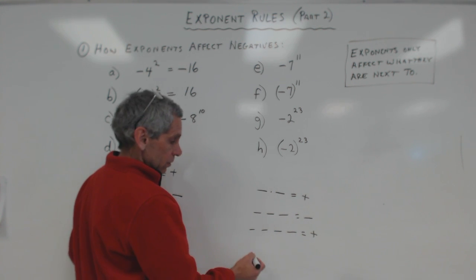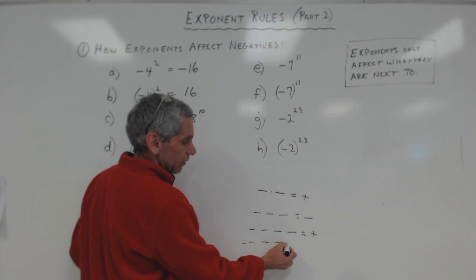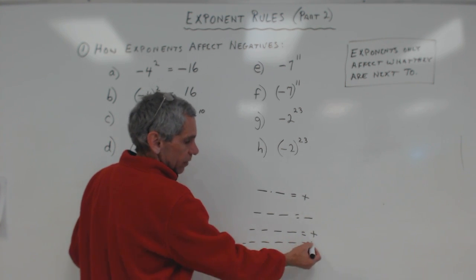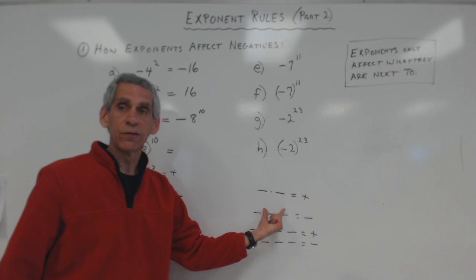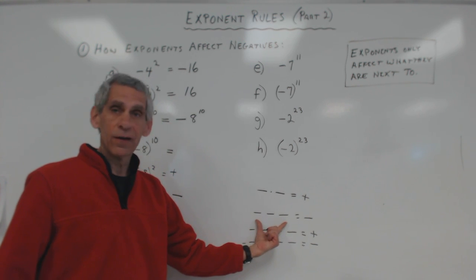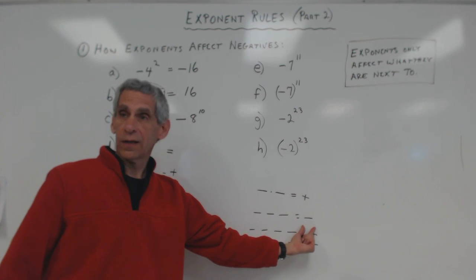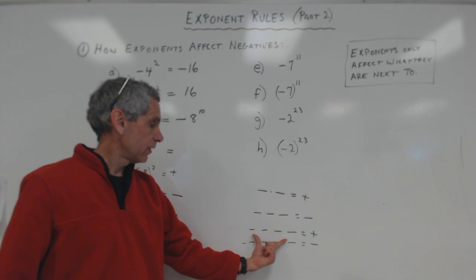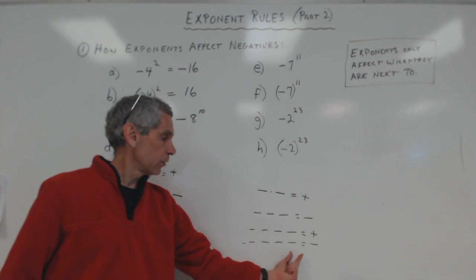And 5 negatives multiplied, meaning odd, would be a negative again. Whenever you have an even number of negatives multiplied times each other, you get a positive. Whenever you have an odd number of negatives multiplied or divided by each other, you get a negative.